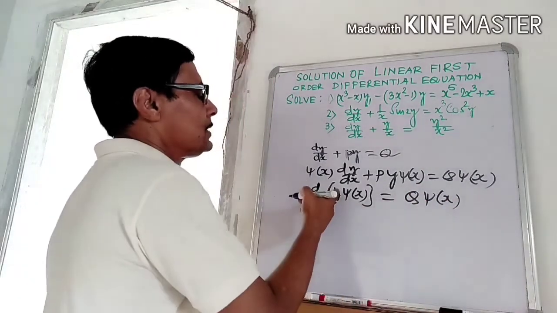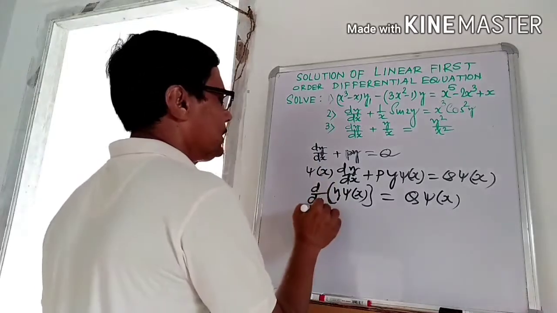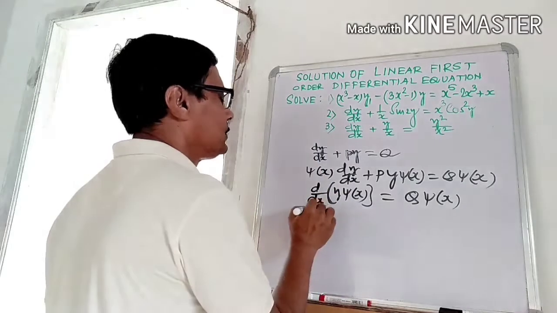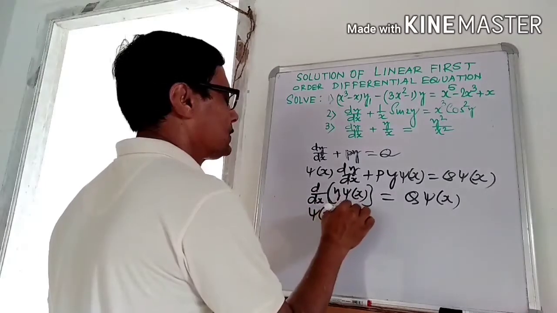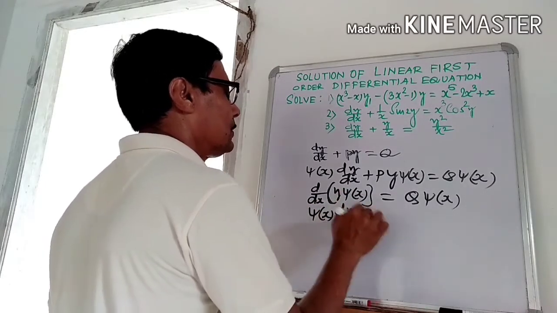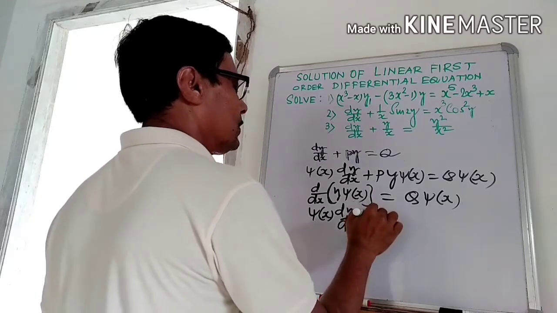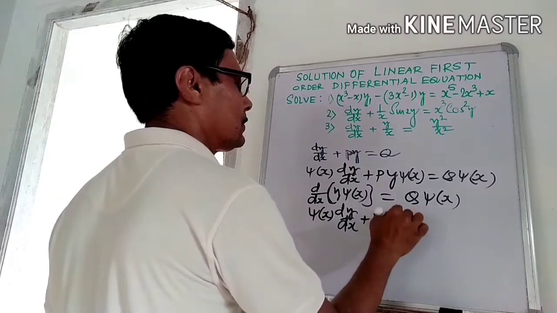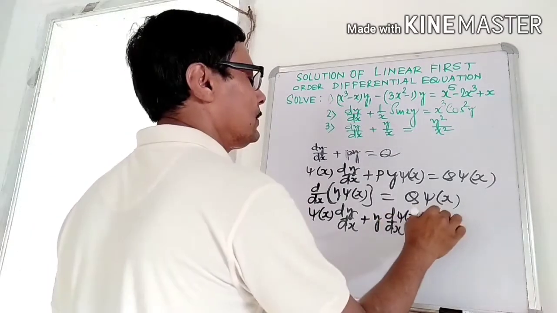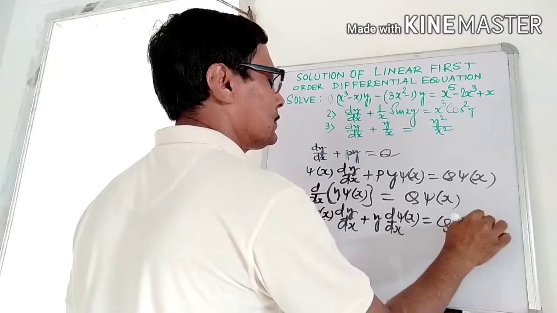Now if we differentiate y psi(x), we get psi(x) dy/dx + y d/dx of psi(x) = q psi(x).